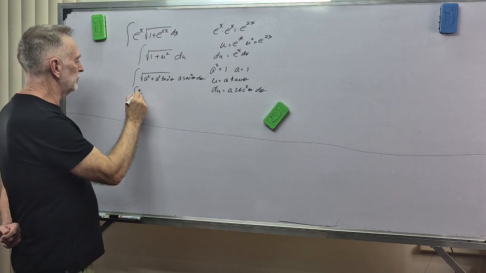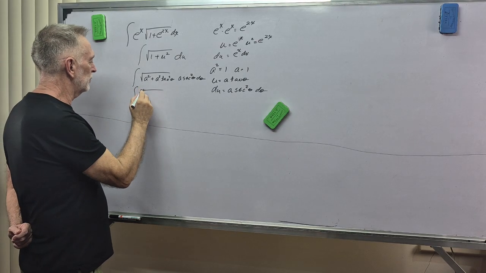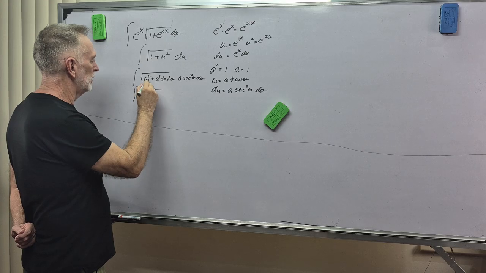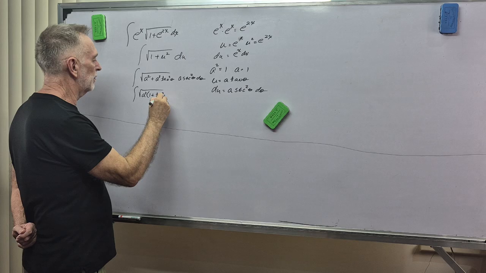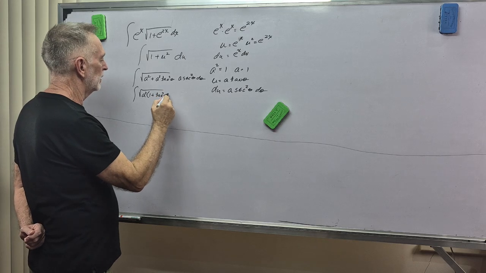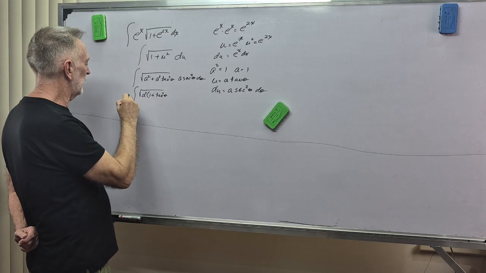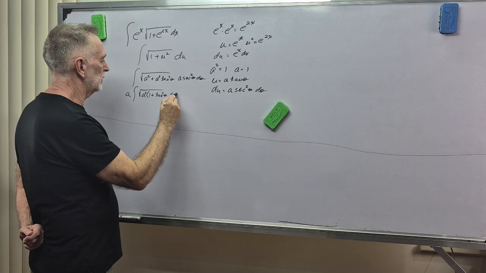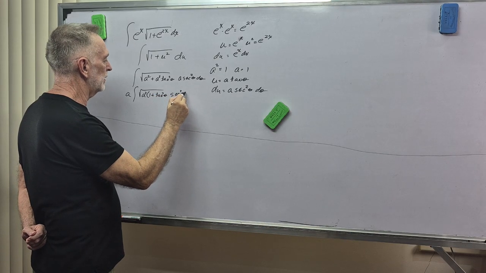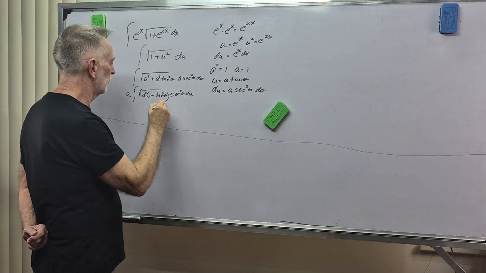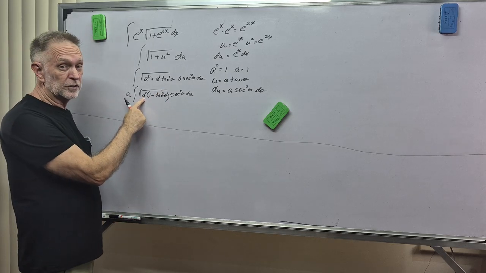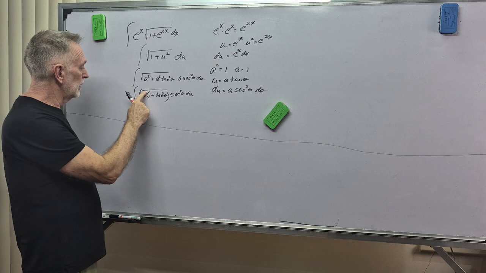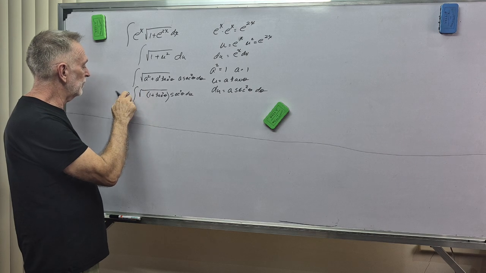So you know the drill. Let's factor. We've got a squared times 1 plus tangent squared theta, times a secant squared theta d theta. Square root of a squared is a, I'm going to take that to the outside.